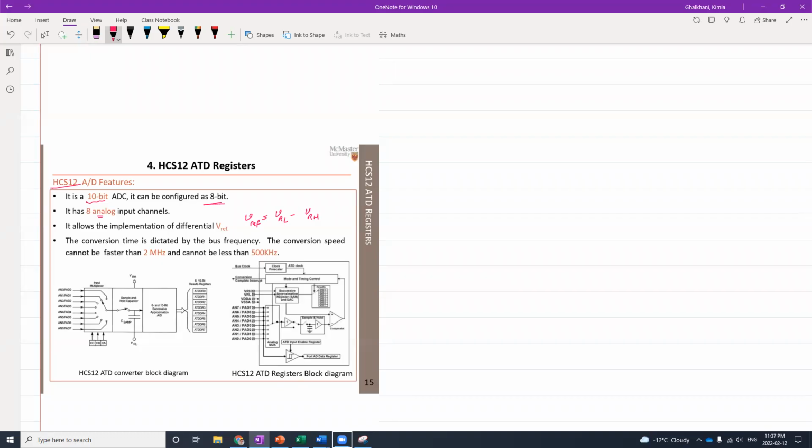And also, if you look at here, these are the 8 channels that we have. As I explained earlier, this switch is controlled by the successive approximation method, and it can switch between different inputs in here, right?